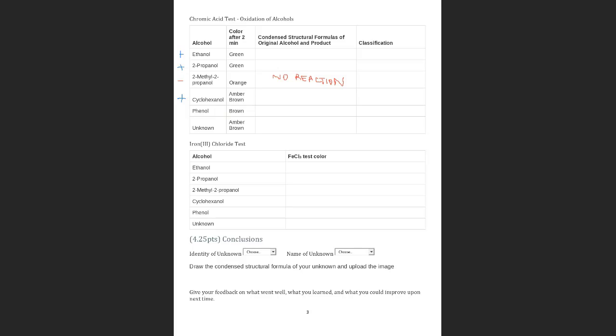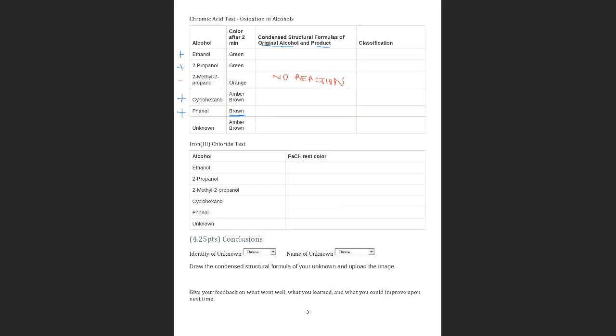Instead of green, we will see a brown, but they are giving a positive reaction. And we are obtaining a product that is benzoquinone.